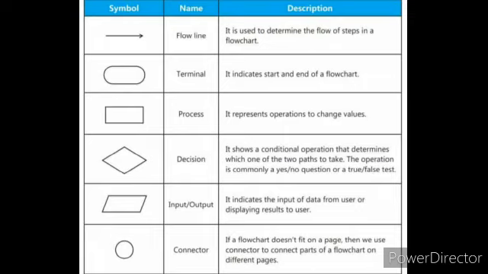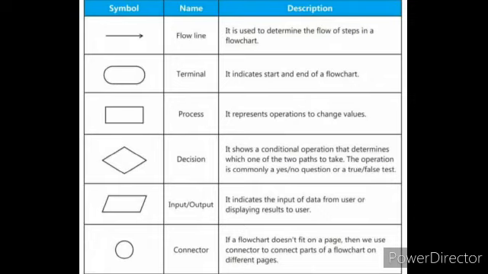It is used to determine the flow of steps in a flowchart. Second symbol is rounded rectangle and the symbol name is terminal. It indicates the start and end of a flowchart.